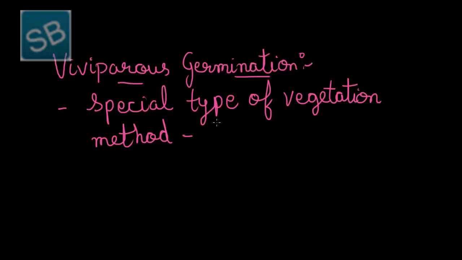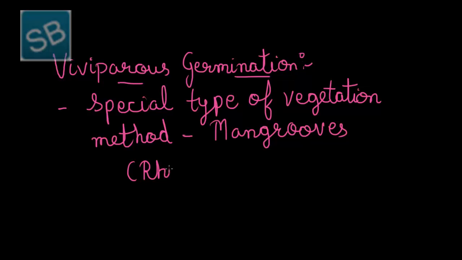It occurs in plants that come under the group mangroves. As discussed earlier, mangroves are plants located in the region near the seashore. Examples of such mangroves include plants like Rhizophora and Avicennia.